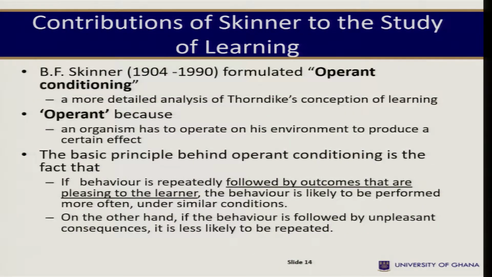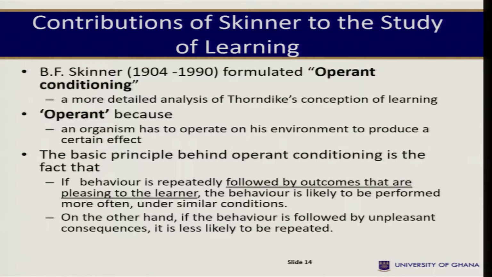So B.F. Skinner formulated operant conditioning, which is a more detailed analysis of Thorndike's conception of learning. The term operant is used because an organism has to operate on the environment to produce a certain effect. There is a basic principle that underlies this conditioning.